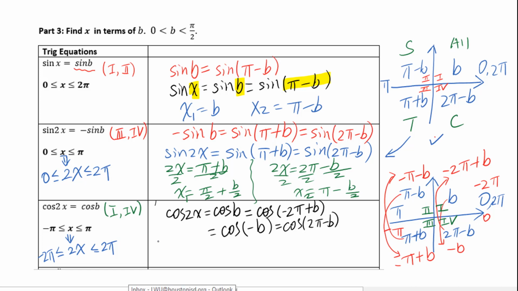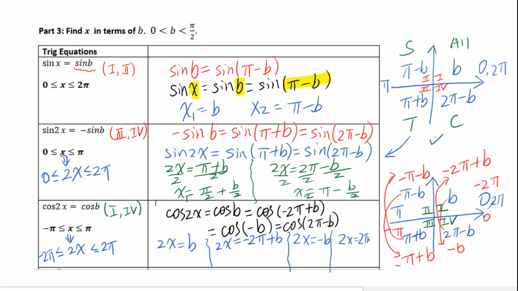Therefore, I need to set up four equations. You have 2x equals b. 2x equals negative 2 pi plus b. 2x equals negative b. And 2x equals 2 pi minus b.